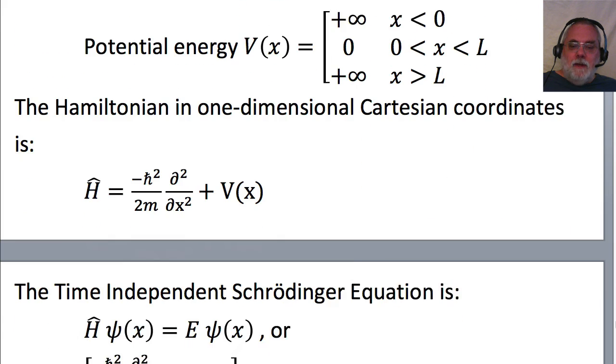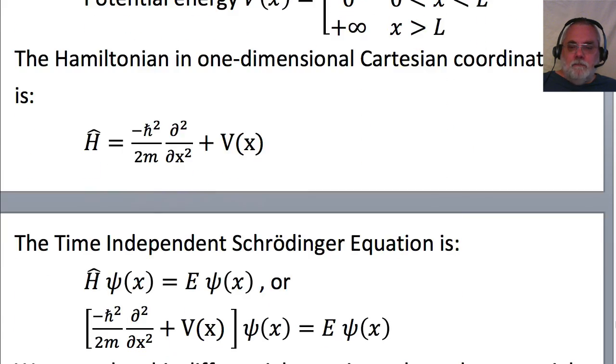The time-independent Schrödinger equation is H psi equals E psi, or minus h bar squared over 2m, second derivative with respect to x, plus the potential operating on psi has to equal energy times psi.